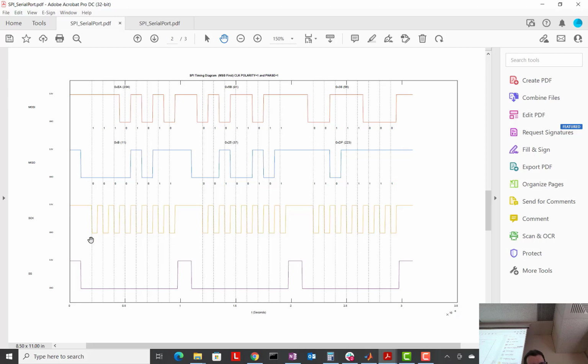But then we read that, and then on this rising edge, if the next bit had been a 1, it would have transitioned right here to 1. But since it's 0, it stays at 0. And again, transitions, stays at 0. Transitions, in the middle here, stays at 0. But here, see on that rising edge, the opposite edge of what we're reading, it transitions to 1. Okay? Read, and then transitions to 0. Okay?